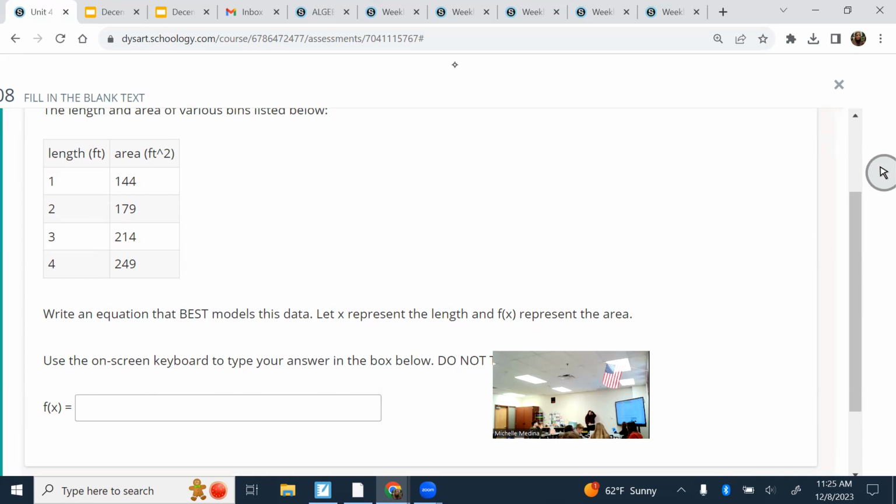So you could kind of use like what we learned in unit 3, I guess. You could put that in a table in Desmos and see what it looks like and make a linear model from that. But one thing you might notice, how can I go from 144 to 179? What can I do to the 144 to get 179?